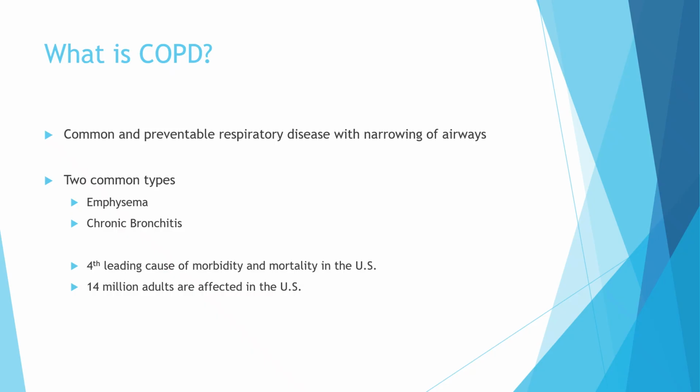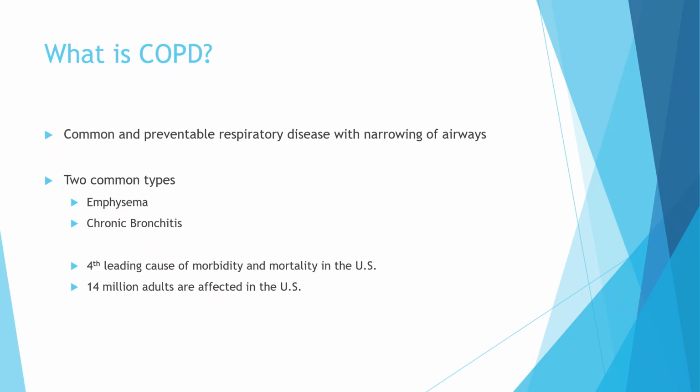Chronic bronchitis is when you have the inflammation of the bronchi and bronchioles in the lungs that are caused by exposure to irritants. This does increase mucus glands, which the patient with COPD and chronic bronchitis is going to have a large amount of thick mucus.